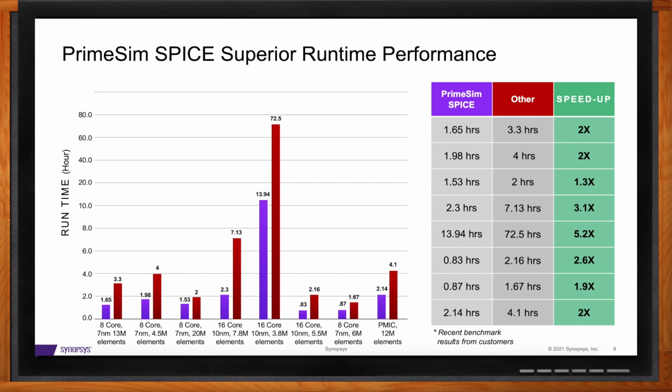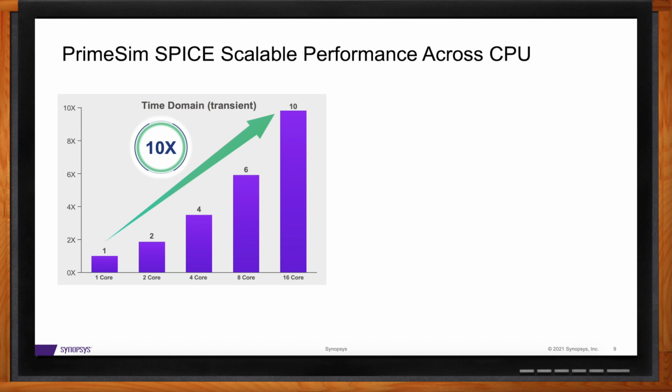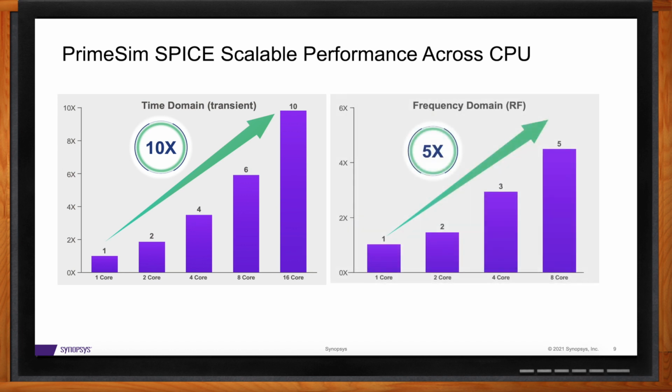Okay, so we also need to keep in mind scalability across multiple cores, right? That's right. And the bigger the design, the bigger the need to actually run it on more CPUs. And actually, even back in the years when we introduced FineSim, we had the best scalability across multiple CPUs. And we continue to improve that over the years.